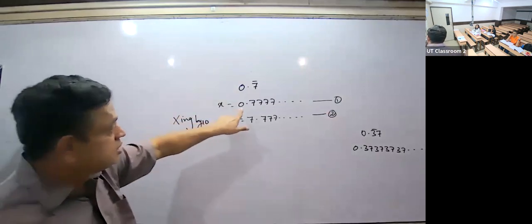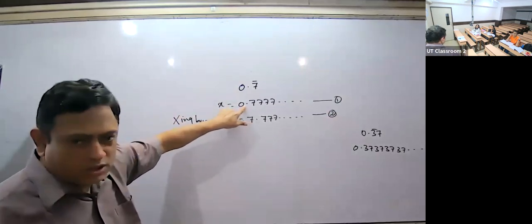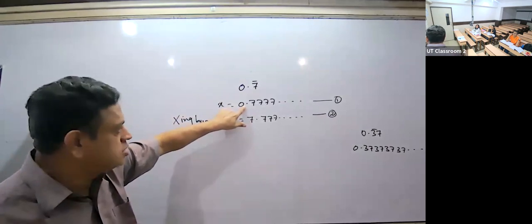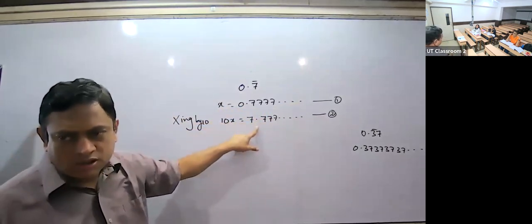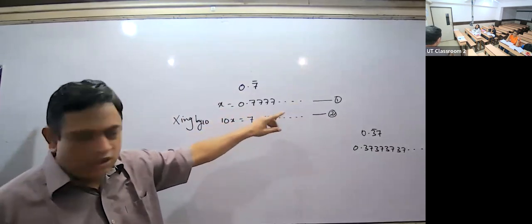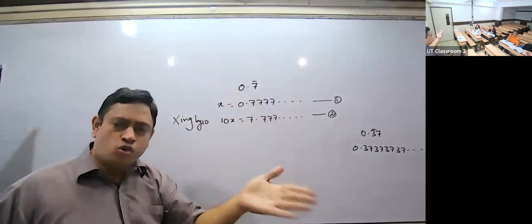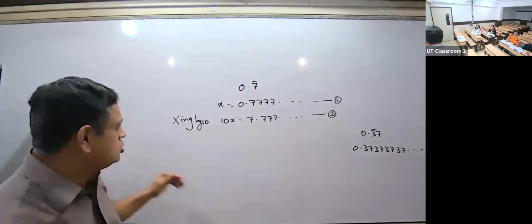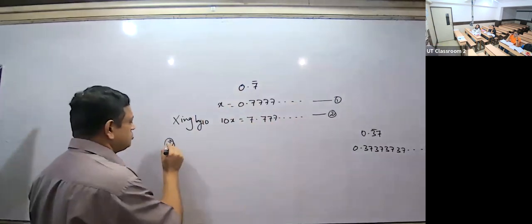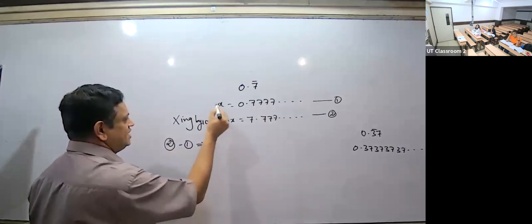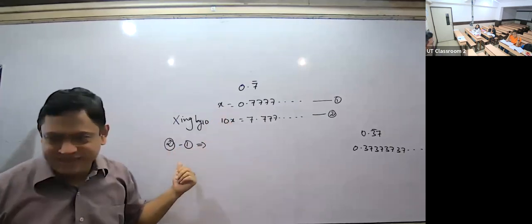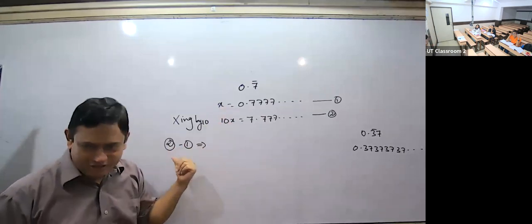Now check. After this decimal, what is it? 7, 7, 7, 7. After the other decimal, what is it? 7. That means both are the same. If I subtract, that will go. Same thing minus same thing is 0. So we subtract equation 1 from equation 2.